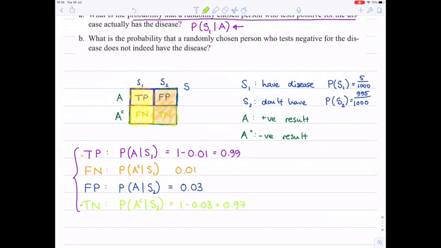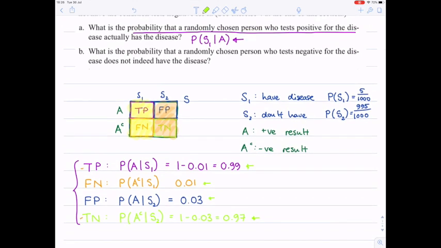So if we look at these, this gives you a sense of vague accuracy of the test. You really want to have your true positives and your true negatives to be as high as possible. And it's not bad in this particular test. And you want to keep your false negatives and your false positives as low as possible.